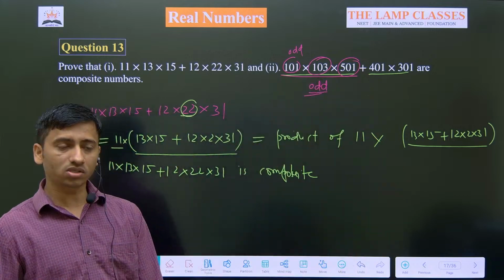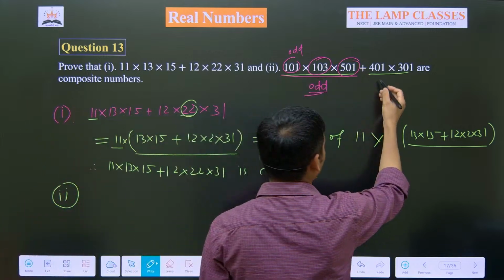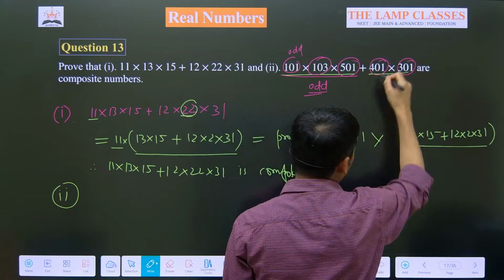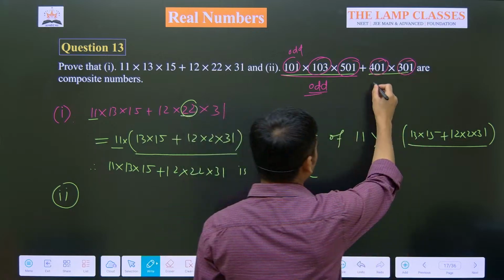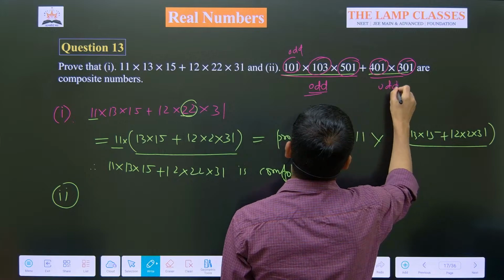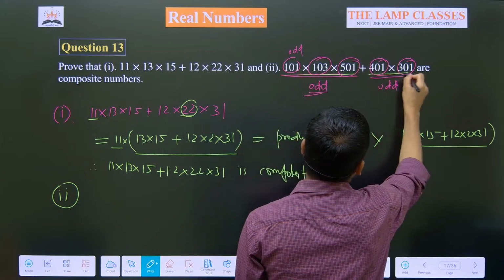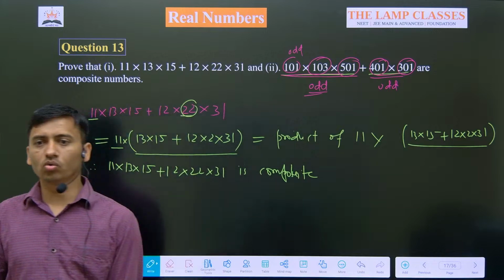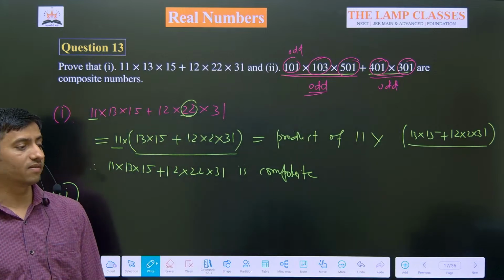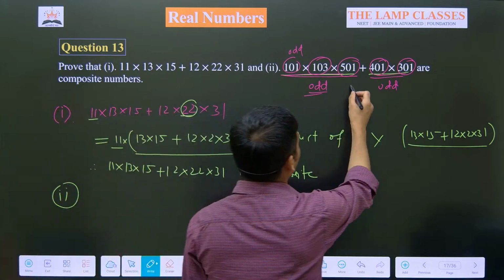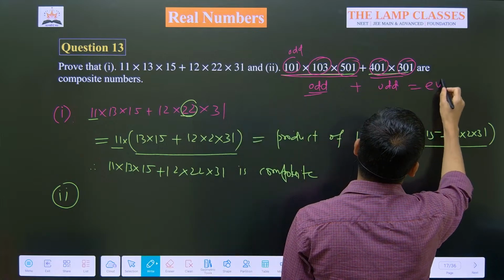And the same logic is applicable even for the second part. This is an odd number and this is odd. An odd number into an odd number is again another odd number, right? That means you are basically adding two odd numbers. And if I add two odd numbers, will that number be even? Right? So when we add them, it has to be an even number.